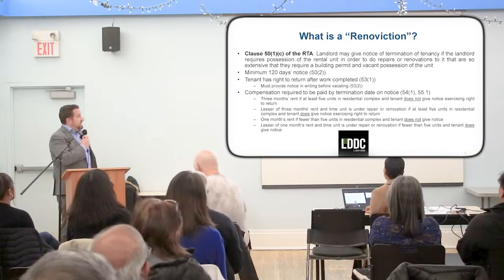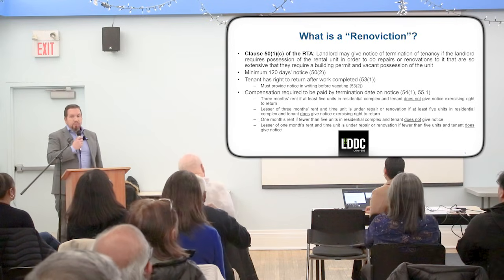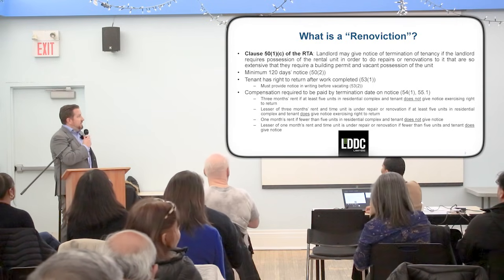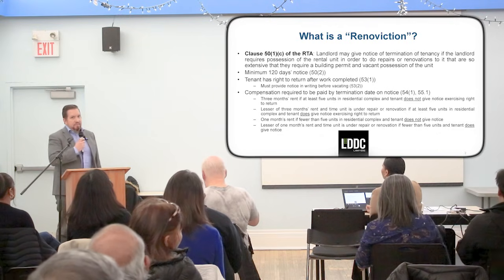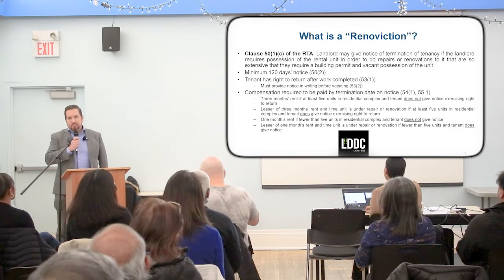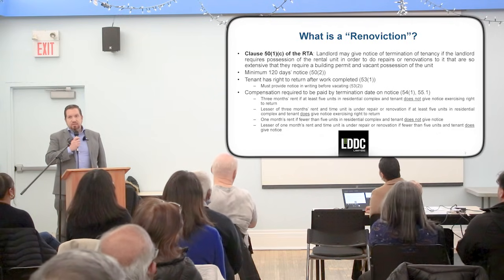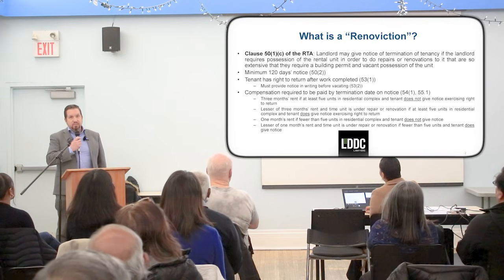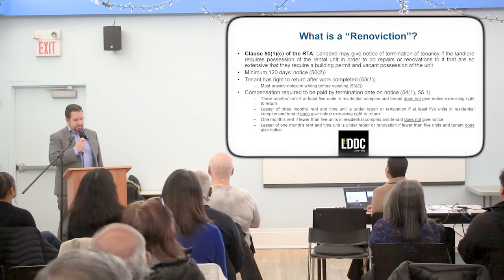This is governed by Section 50 of the RTA. There are minimum notice requirements, and significantly, there is a compensation requirement and also a right of return. The right of return being that the tenant has the right to come back to the unit after the work is completed at the same rent as was in effect before the tenant vacated.